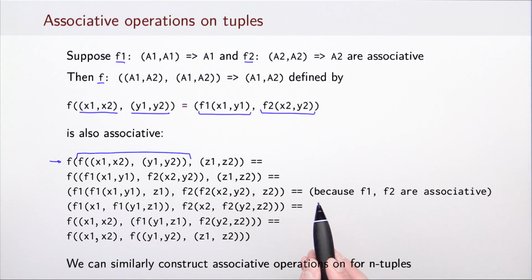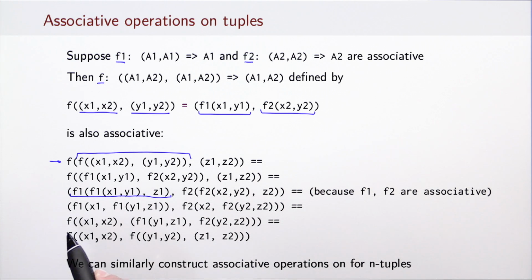At this point, we can apply the fact that f1 and f2 are associative. We can therefore change the nesting of applications of f1 to the one on the right-hand side of associativity law and do the similar transformation for f2. We then simply apply the definition of f backwards.